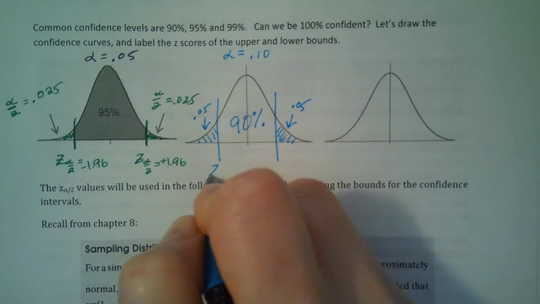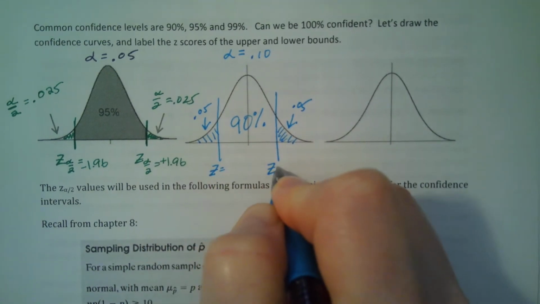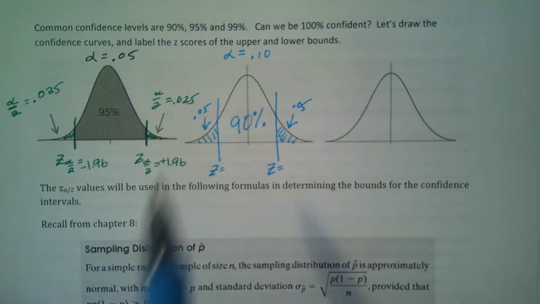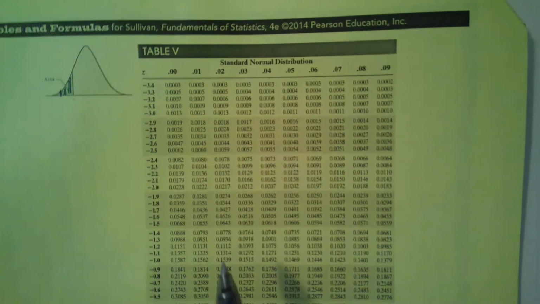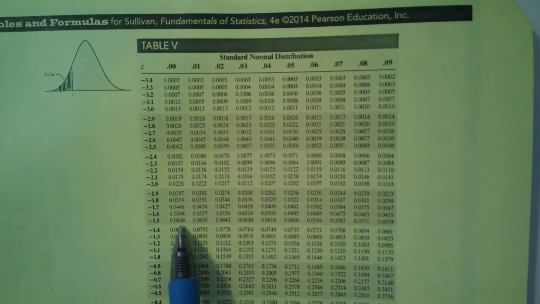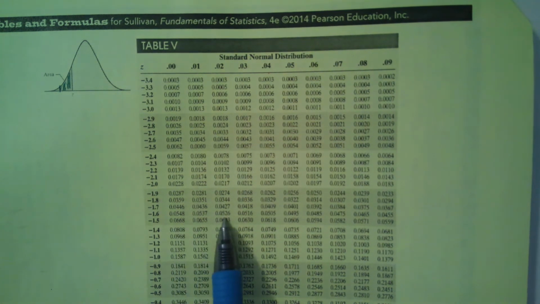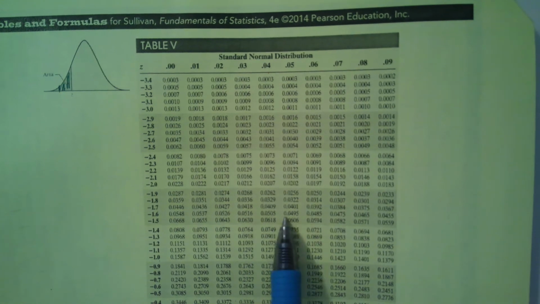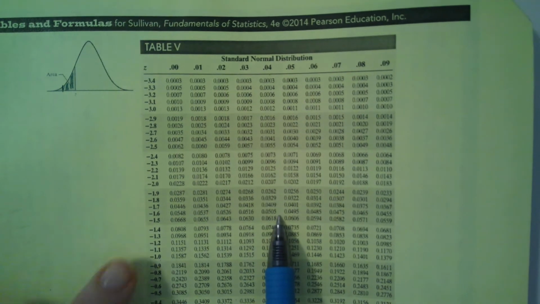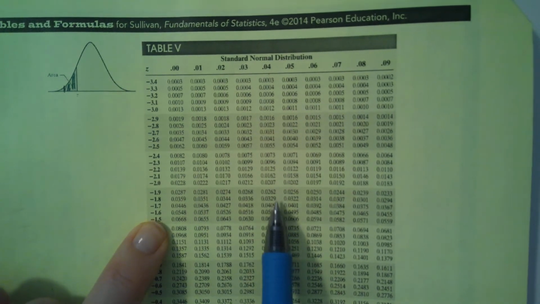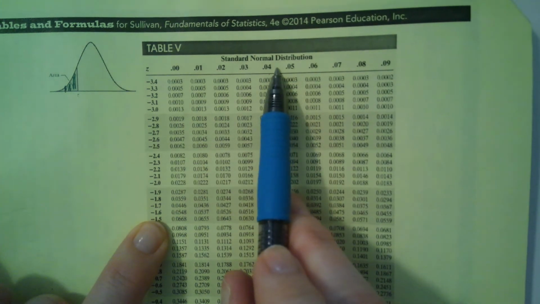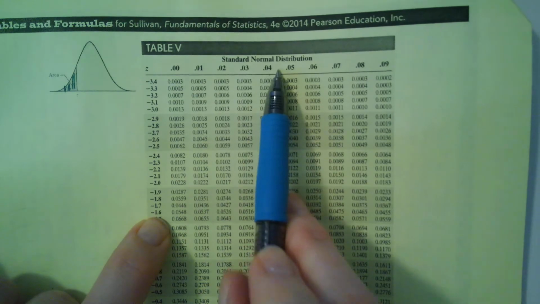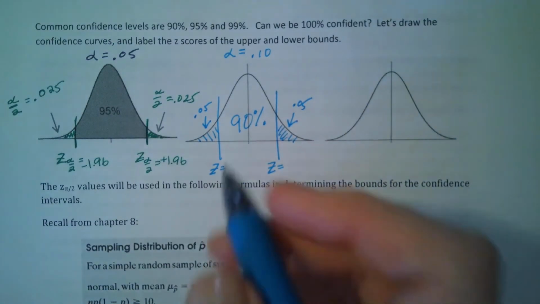Their particular z-scores, again, if I look up a probability of 0.05 in the table, I get a z-score of somewhere in between these two values, which is going to be negative 1.64, halfway to 5.